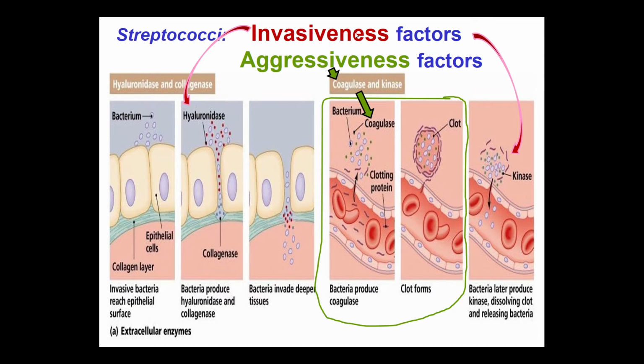Invasiveness staphylococcal factors are hyaluronidase and collagenase. Hyaluronidase dissolves the cementum between neighboring epithelial cells. Collagenase destroys collagen, from which the basal membrane is formed.